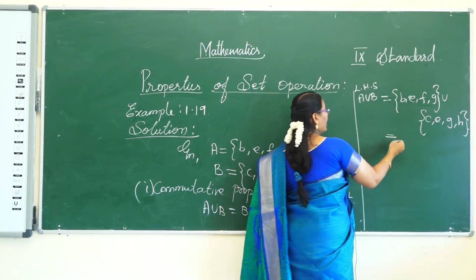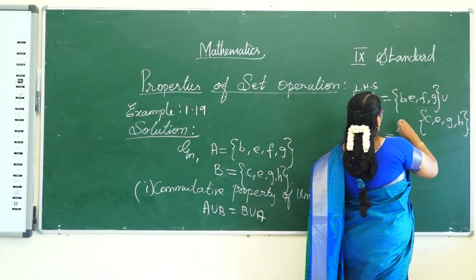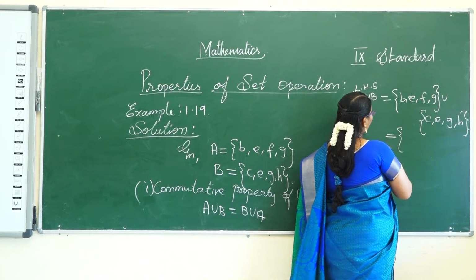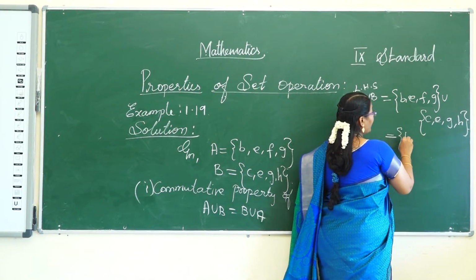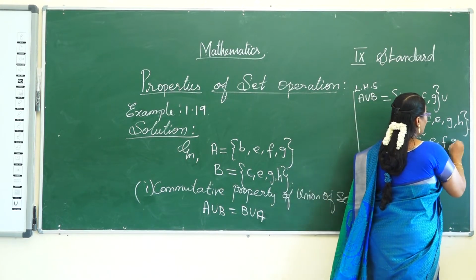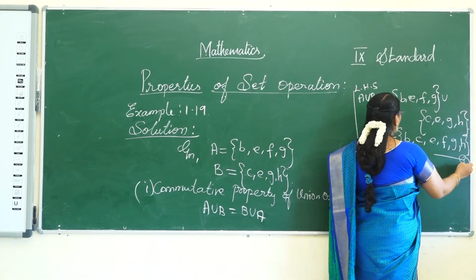A union B means every element of A or B, so join all the elements from A and B: b, c, e, f, g, h. This is denoted equation number 1.